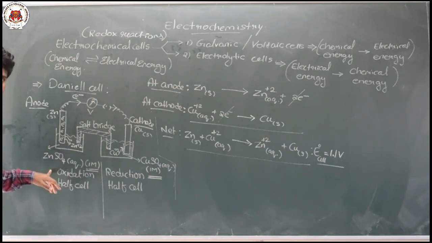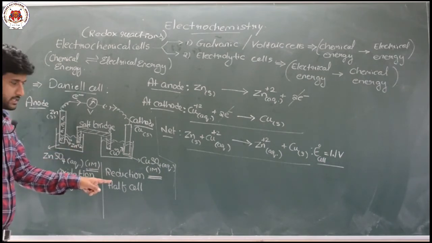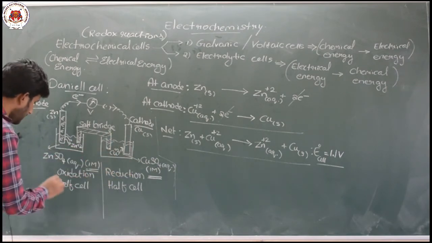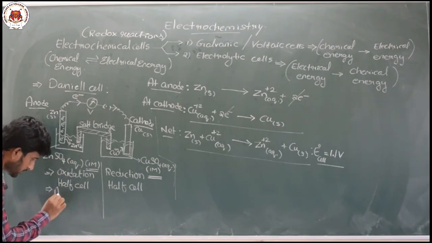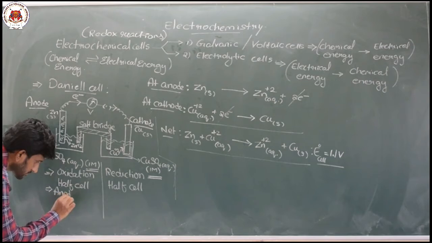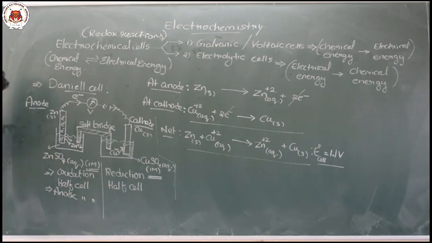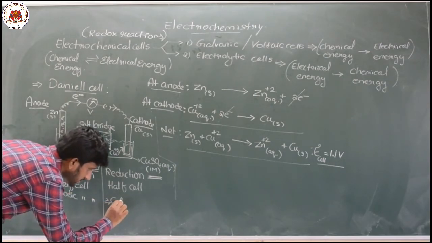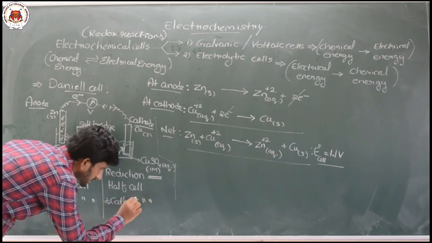What is the oxidation half cell? It consists of zinc rod dipped in zinc sulfate solution. What is the reduction half cell? It consists of copper rod dipped in copper sulfate solution. The oxidation half cell is also called the anodic half cell, and the reduction half cell is also called the cathodic half cell.